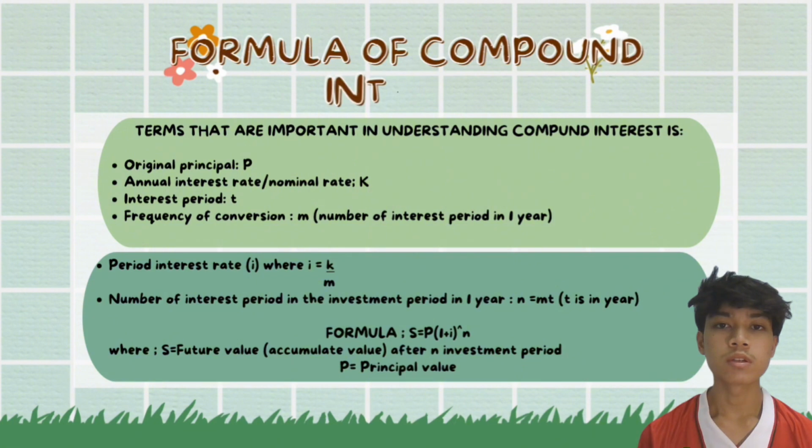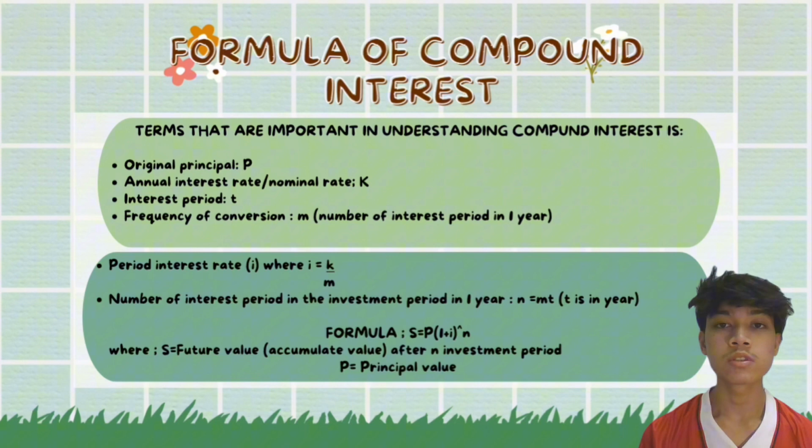Formula of compound interest. There are terms that are important in understanding compound interest. For example, the original principal as P, nominal rate as K, interest period as T, frequency of conversion as M, and period interest rate as I, where I is equal to K over M. The number of interest periods in the investment period in 1 year is N equal to MT. T must be in years.